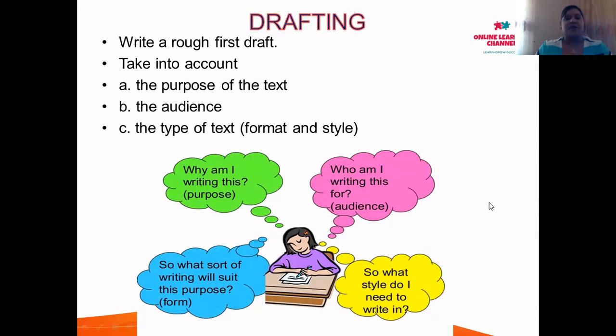For example, if you're going to be writing a narrative essay, and your audience for this narrative essay are grade 10 learners, and you want to tell them that drugs are bad for you, which is your purpose, then you'd also suit your writing style to your grade 10 learners. You're not going to write for a foundation phase.